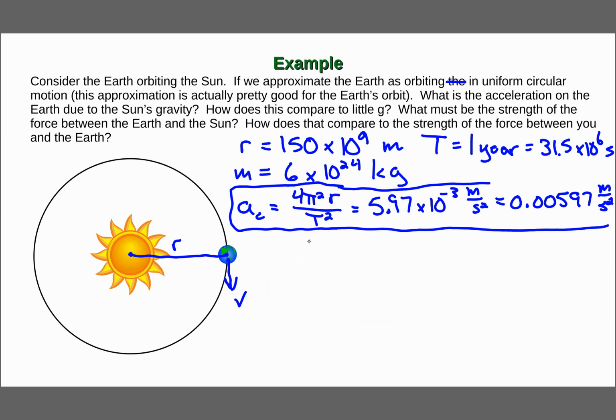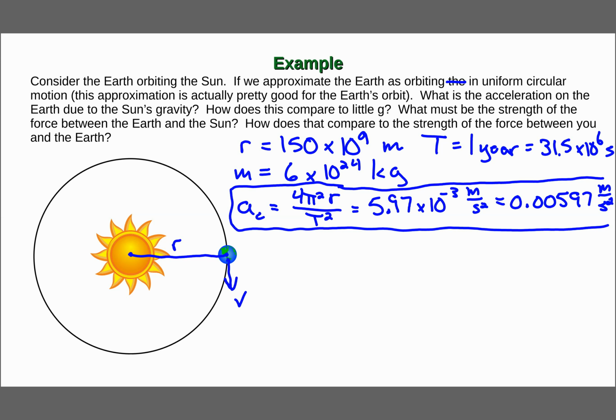Well, it's much, much smaller than little g, isn't it? Little g is 9.8 meters per second squared. So it's a lot smaller, but the Sun is way bigger than the Earth. So why is the acceleration so much smaller than little g? We'll talk about it a little bit more in the next lecture, okay? For now, let's just note that it's much smaller, okay?